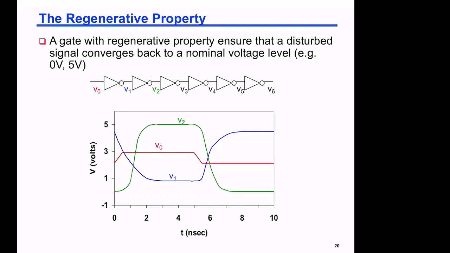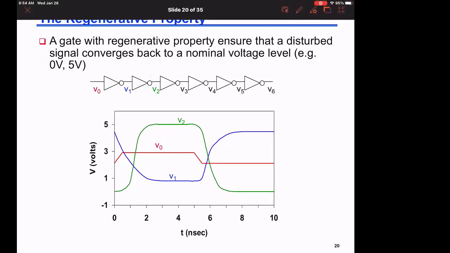Let us look at the circuit. One property that we care for is the regenerative property. Okay, so let us understand what's happening here. So V0 is a signal that barely meets VIH and VIL.